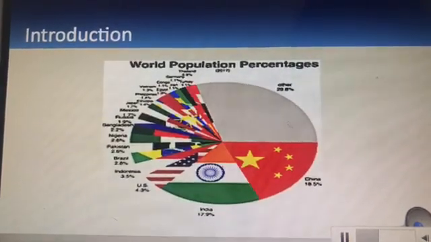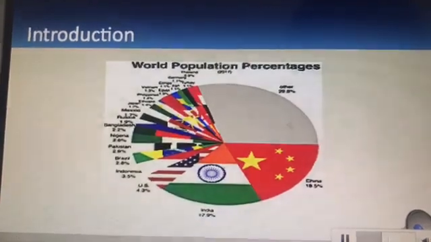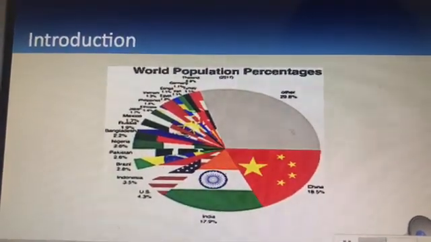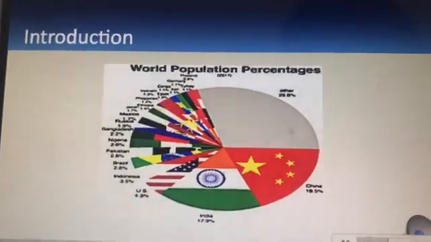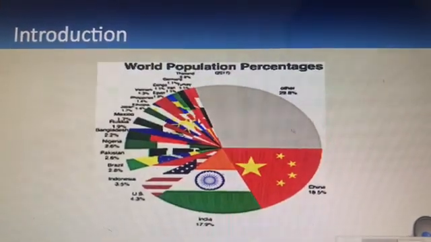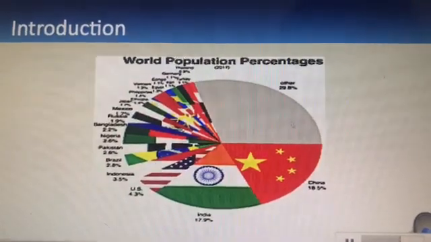For example, these world population percentages are from 2017. In the past 200 years, population growth rate has increased up to 7,005 million people. And you can say, how can this be?